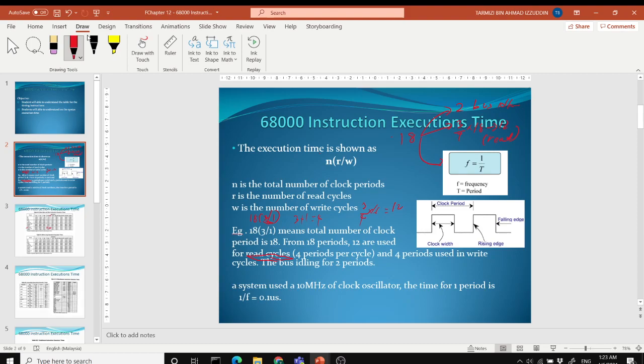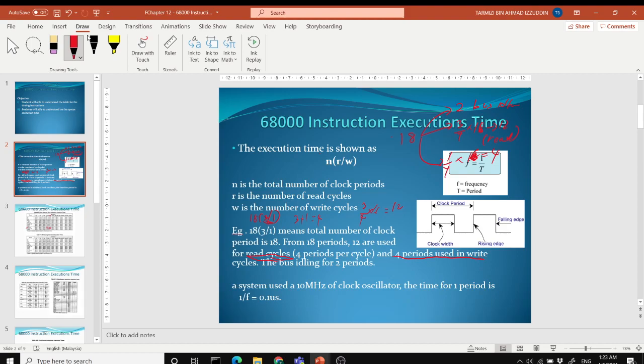Sorry, this is times 16, not 18, I made a mistake again. The remaining 1 over 4 times 16, you get 4. The remaining 4 is used for your write cycle, and 2 is for the idling of the bus.